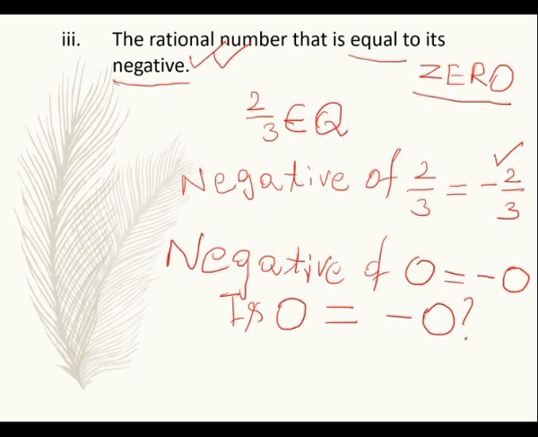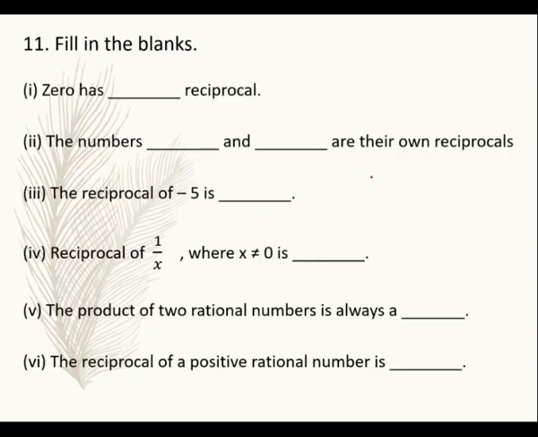Now coming to question number 11. Children, in this question number 11, we have a total of 6 fill in the blanks, which are easy ones. We have already discussed: 0 has no reciprocal.